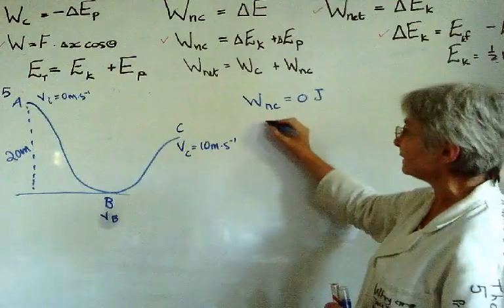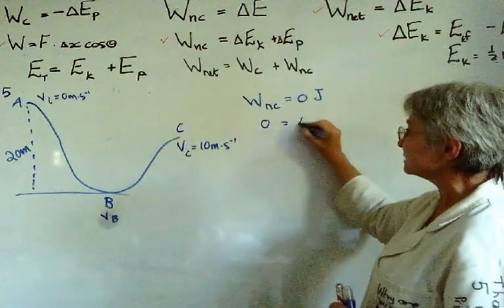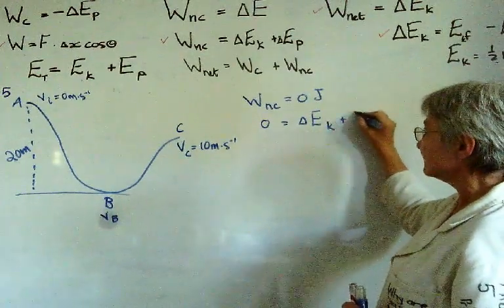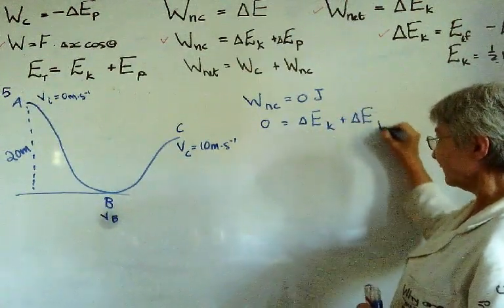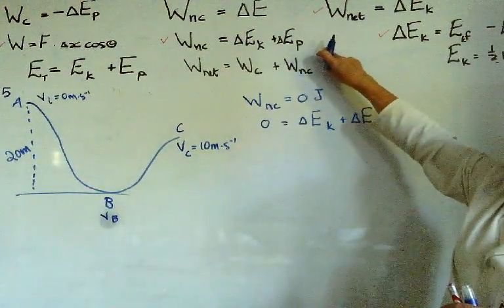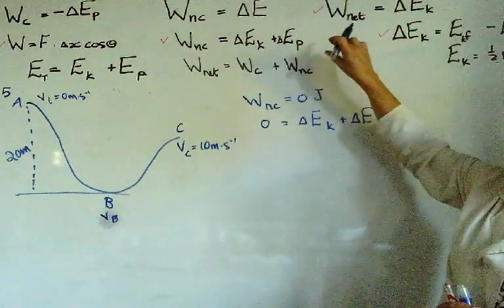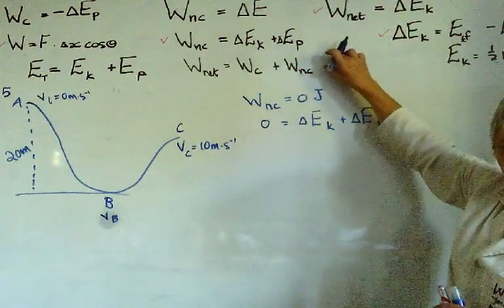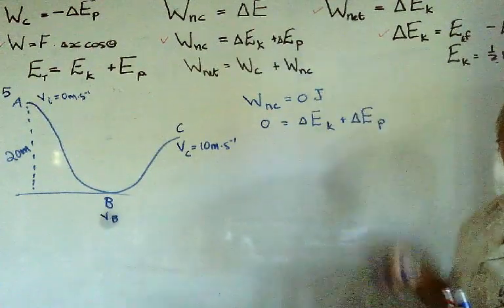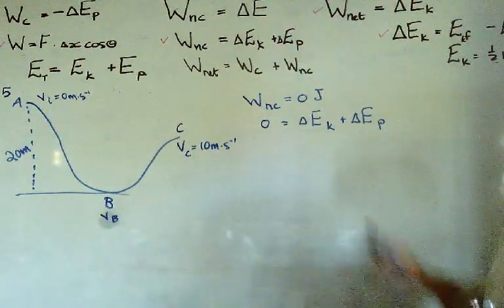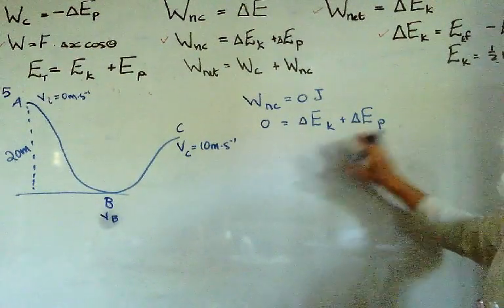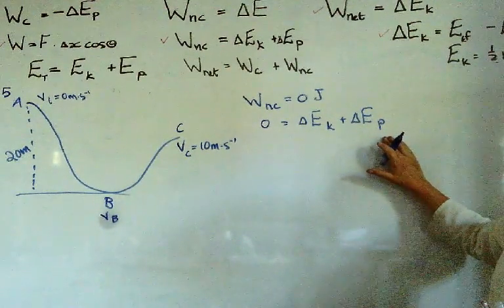I can use that because this equation is on the data sheet. Use it, because then for sure you will not make a mistake. We can use it because you see the delta EP? Because it's high, it has potential energy. There's a change in kinetic energy as well as a change in potential energy. So the best advice I can give you is to use WNC, because that's 0.